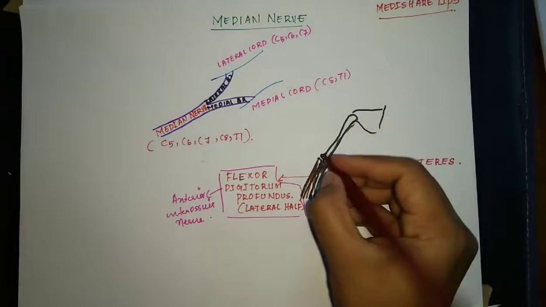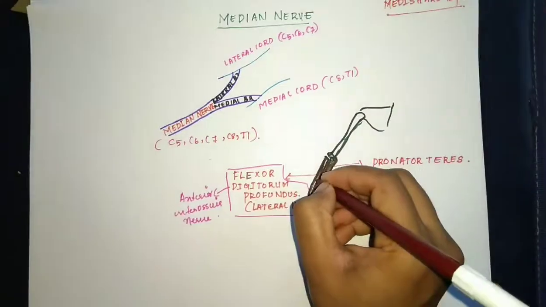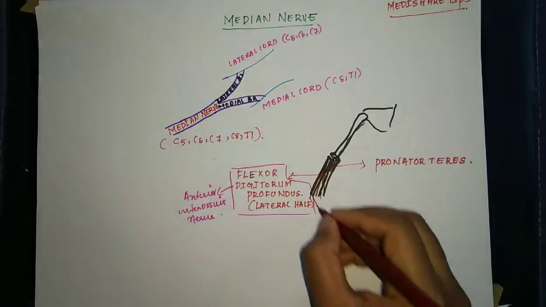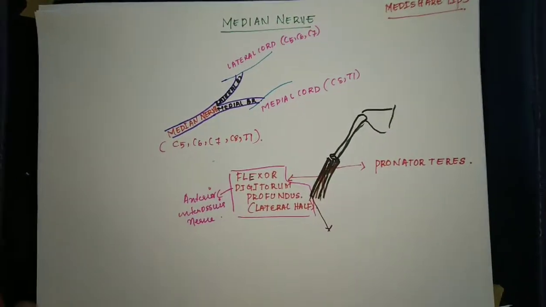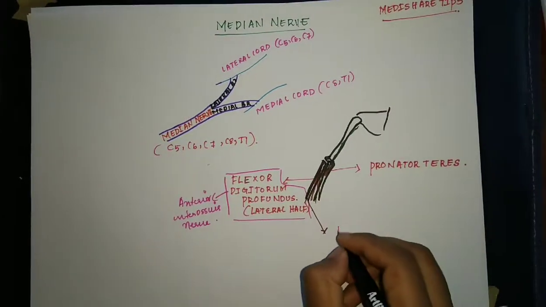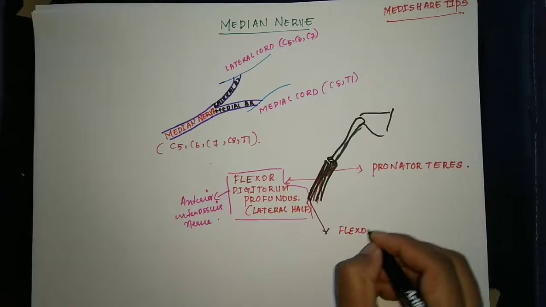And there is another deep muscle which is supplying the thumb, and this deep muscle is the flexor pollicis longus.